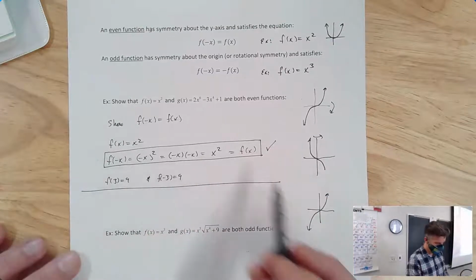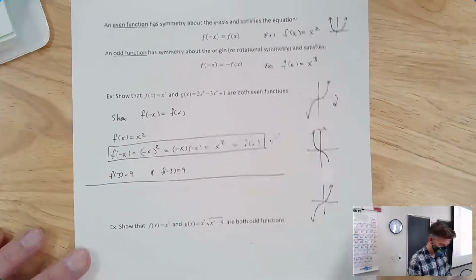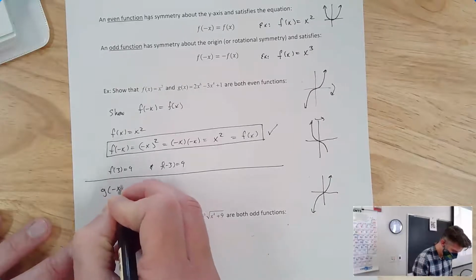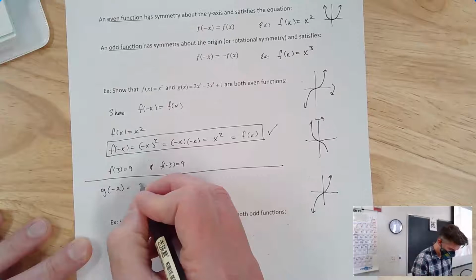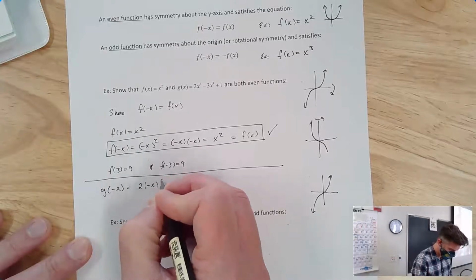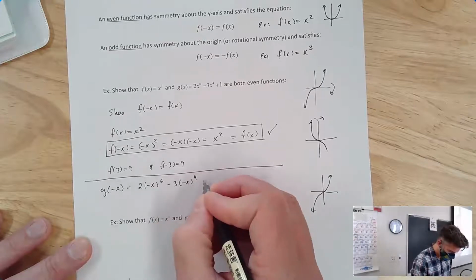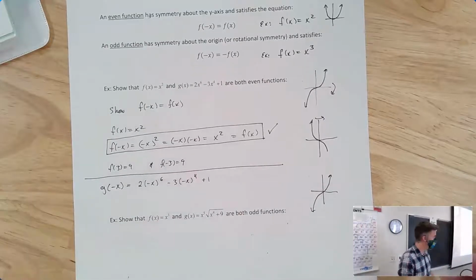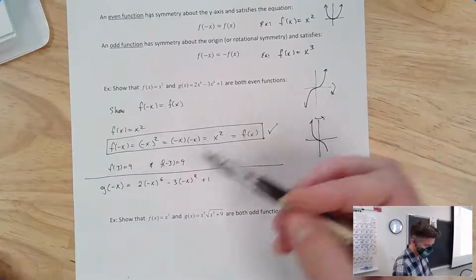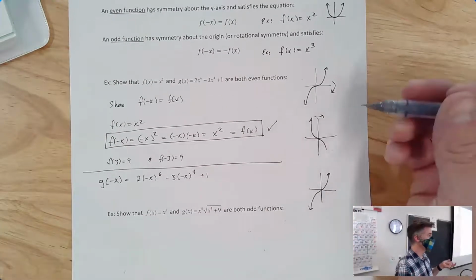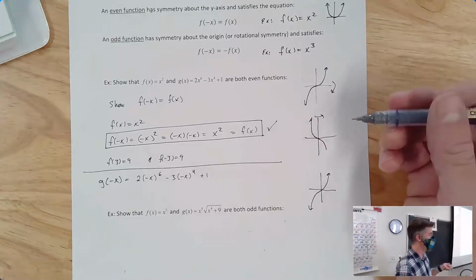And we can do it for g of x as well. To show g of x is even, I'm going to look at g of negative x. I'm going to have 2 times negative x to the 6th minus 3 times negative x to the 4th plus 1. And you might recognize here that each of these powers are even powers. And when you take a negative thing raised to an even power, it becomes positive.